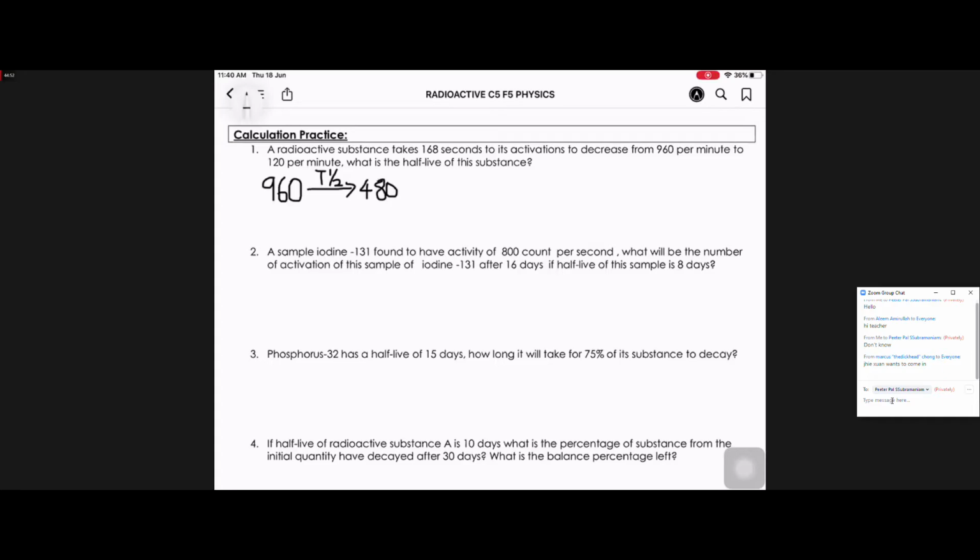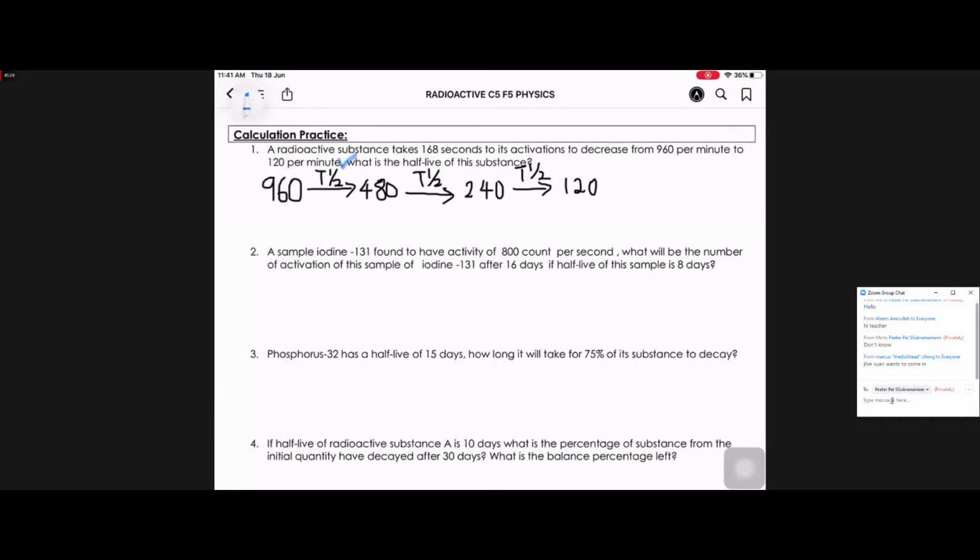After another half-life, what should be the balance? 240. After another half-life, Ming Chun, what is the remaining balance? 120. 240, 120. Okay, now, Ming Chun, how many times has half-life occurred now?